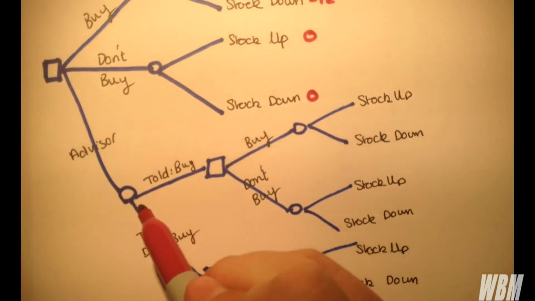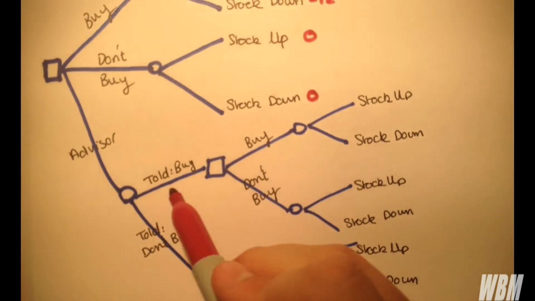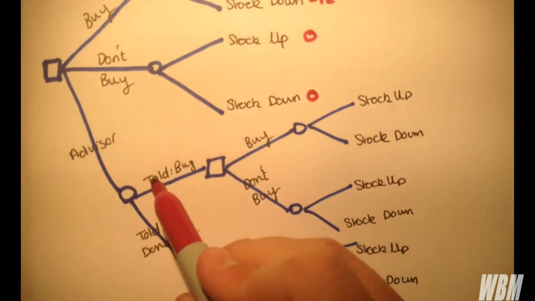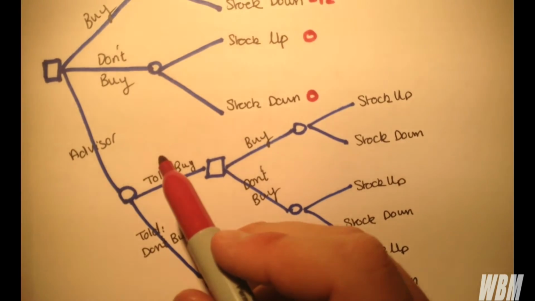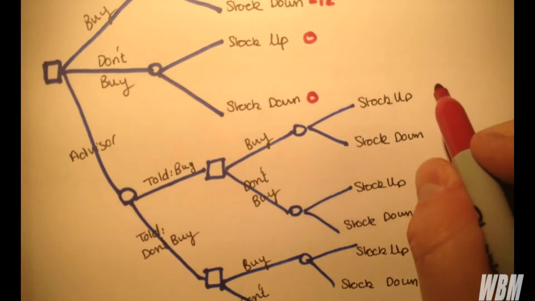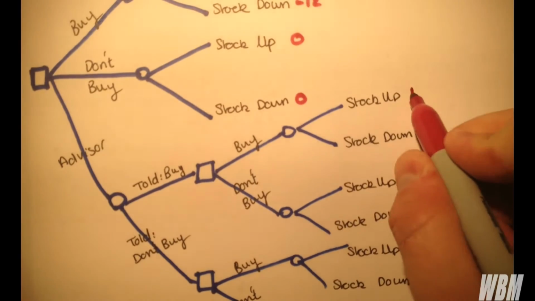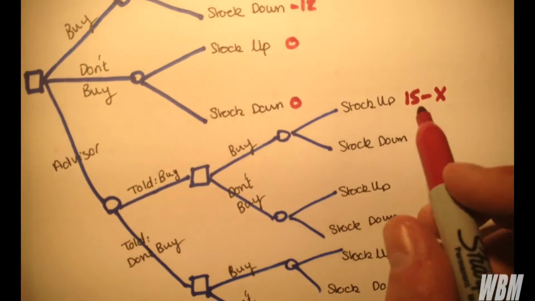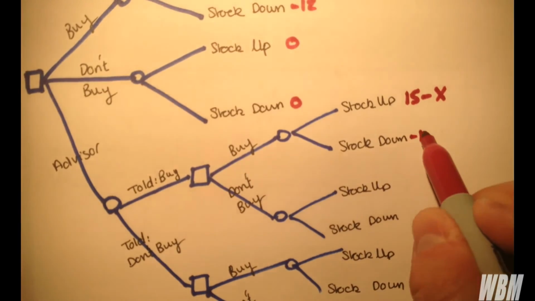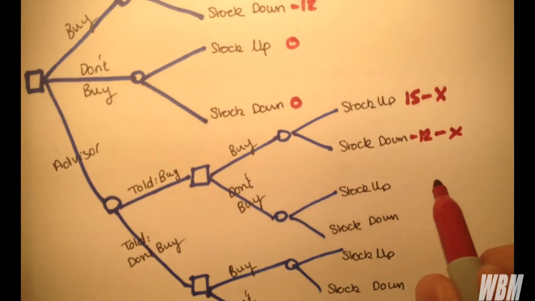Now, when it comes to taking the financial advice and we're told to buy or not to buy, we've immediately paid X amount of money for the gentleman's help, or the gentle lady. So we have stock up 15 minus X that it costs for the financial advice, and similarly for every decision that follows.